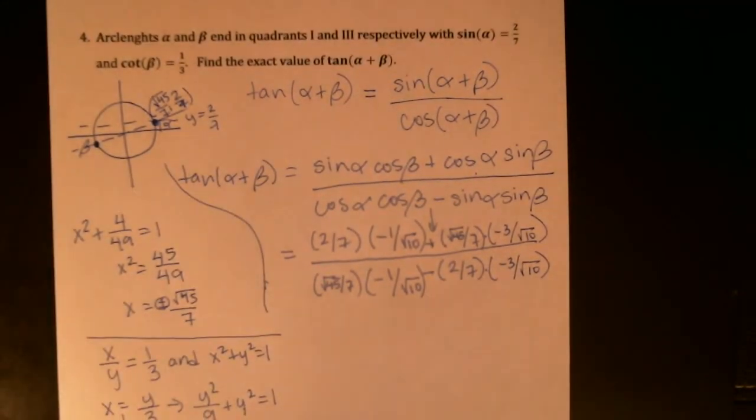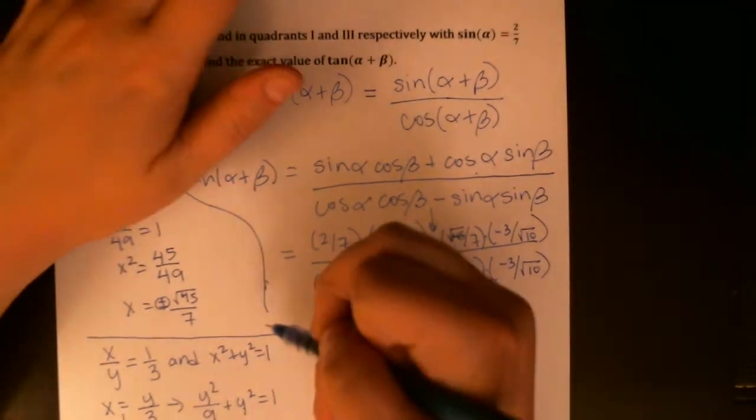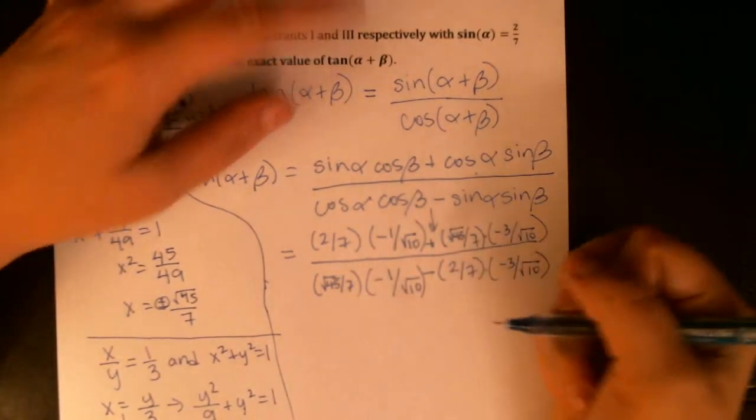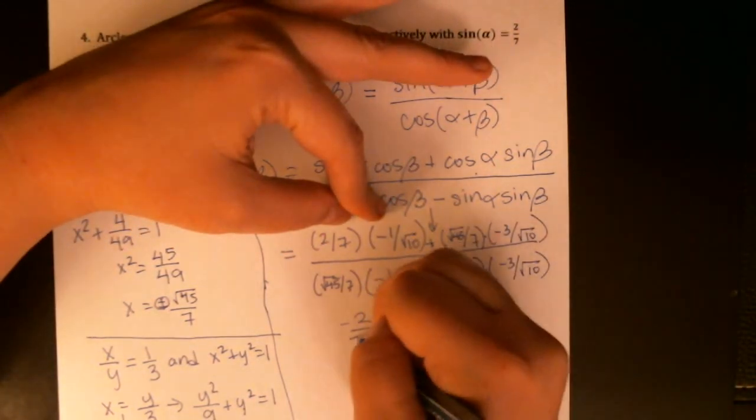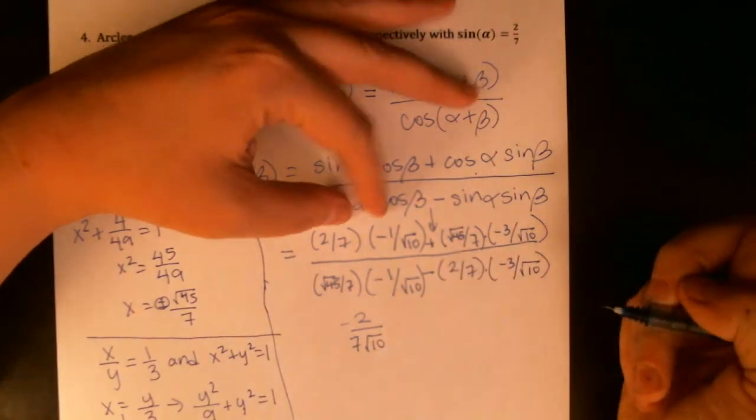Again, you got lots of mini problems in here, but like I said, just embrace it. It's really good review practice. So it's using a formula and then reviewing all these little bits and pieces. I do have to do a little bit more to simplify this than usual. So I'm going to multiply together and say I have a negative 2 over 7 root 10.